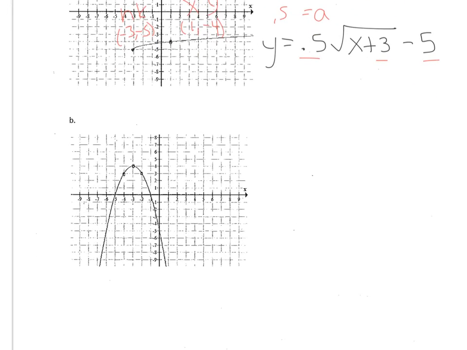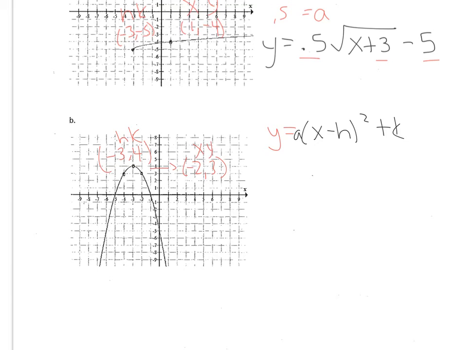Next one is a parabola. So I would do y equals a, parentheses x minus h squared plus k. Your h and your k, your locator point is negative 3, 4. Your other point, let's just use this one I gave you, it's negative 2, 3, so that's x and y.